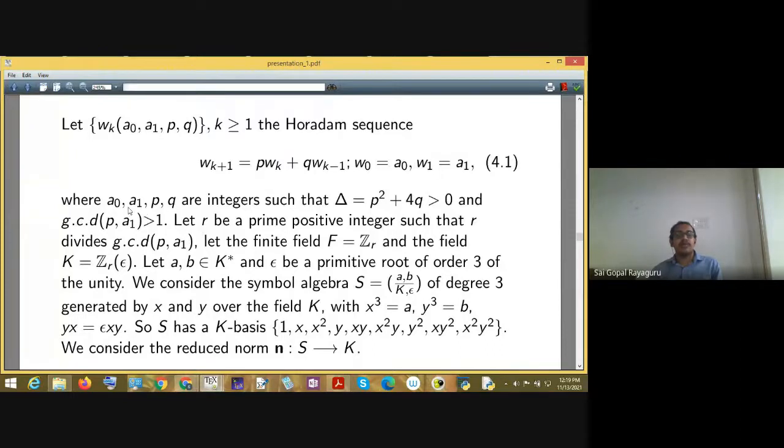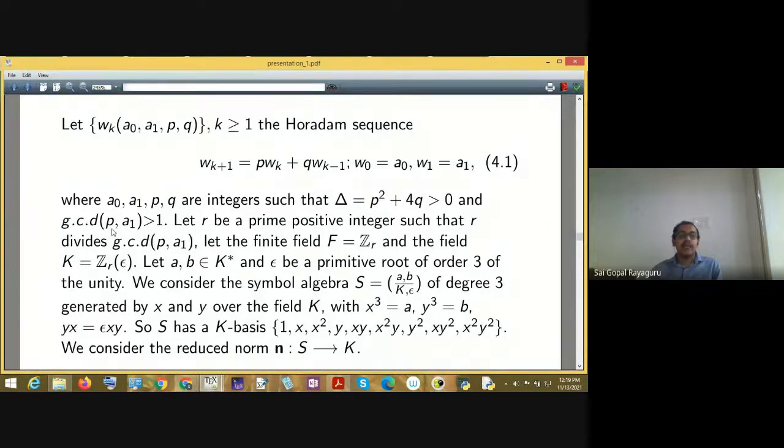This is the usual definition: a0, a1, p, q are integers with positive discriminant. With these Horadam numbers, consider the GCD of p, the coefficient of w_k, and a1, the second initial term w_1.